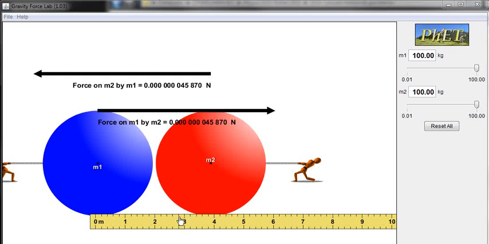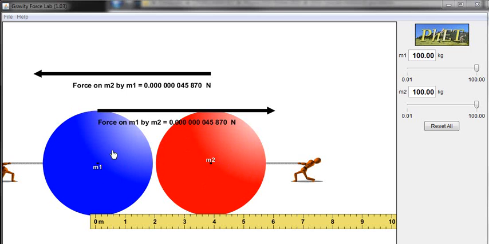First of all, 100 kilograms is not a large mass, but it's a human type of mass, not large compared with a planetary mass.